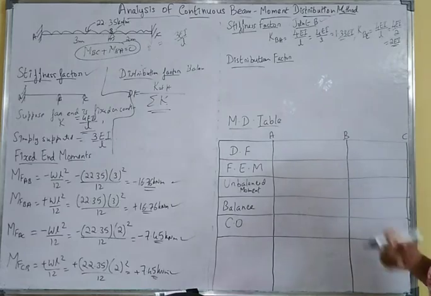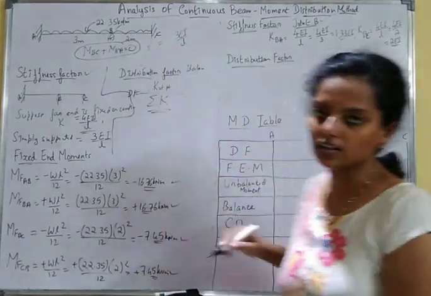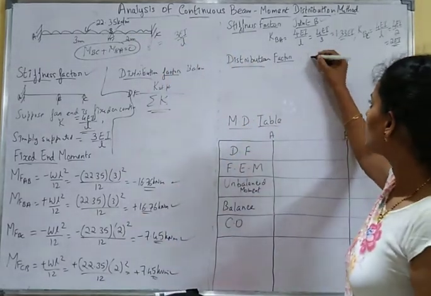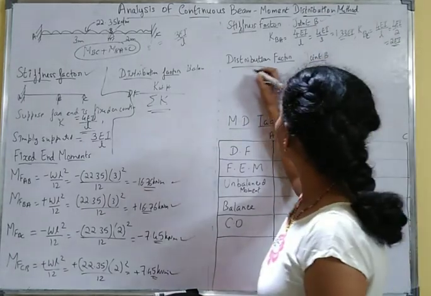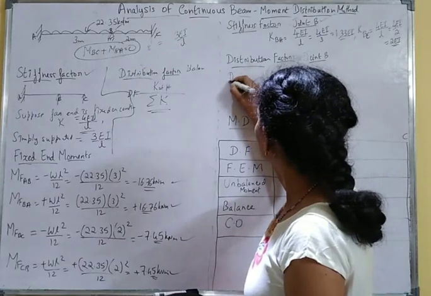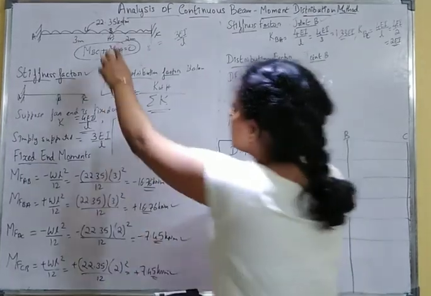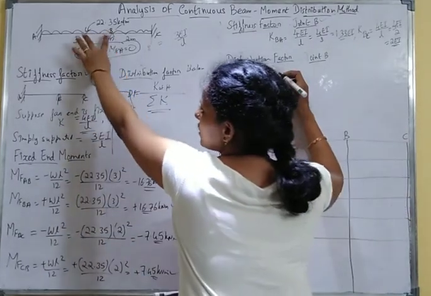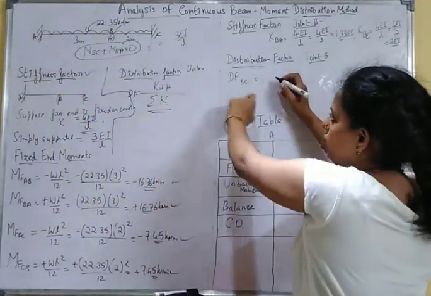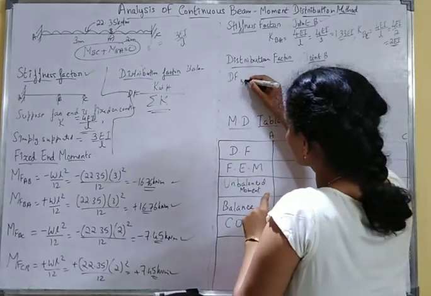Once you get the stiffness factor, find out the distribution factor at joint B. For joint B, the distribution factor DF for BA is nothing but the stiffness factor of the span you are going to consider, that is BA first.